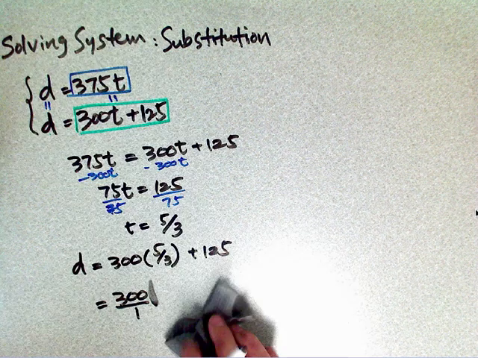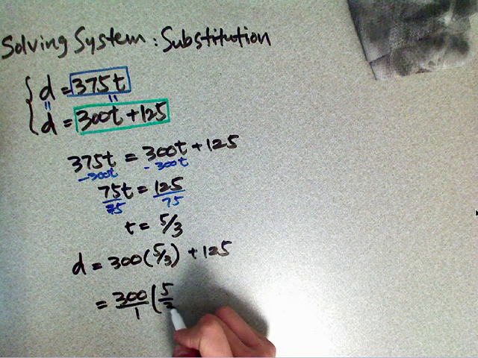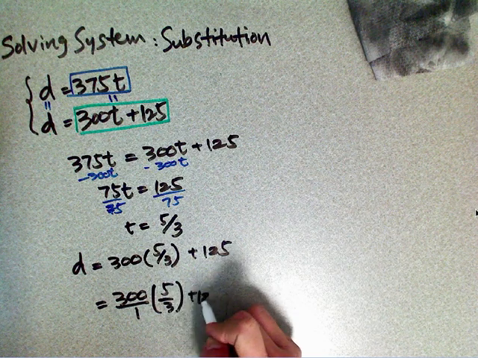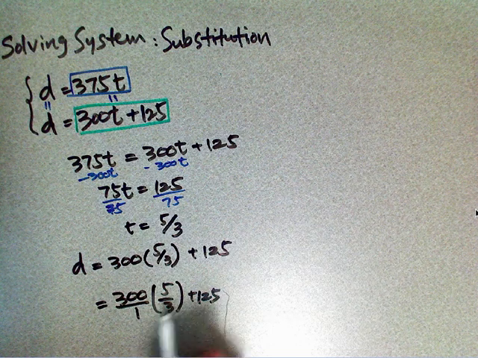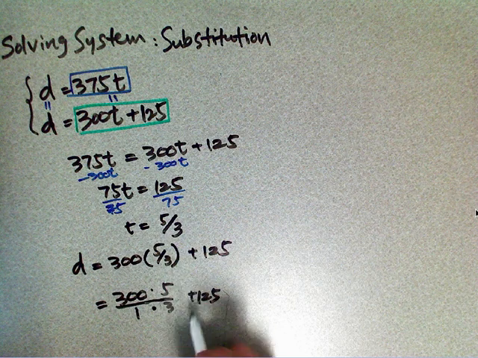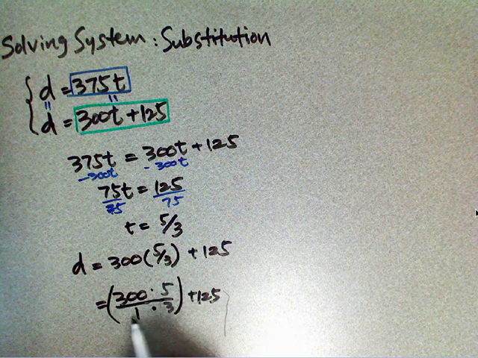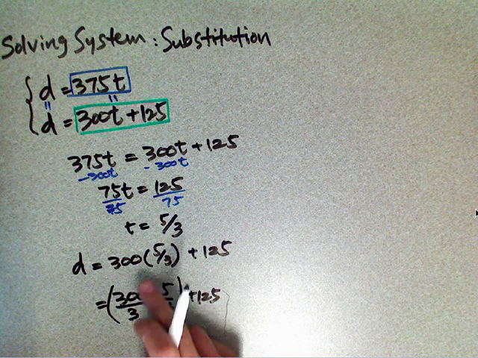Remember how to multiply fractions? Times 5/3 plus 125. Right? And then we can switch, well, this is the same as this, right? And then we can switch these two guys since multiplication is commutative, and then we can do this.